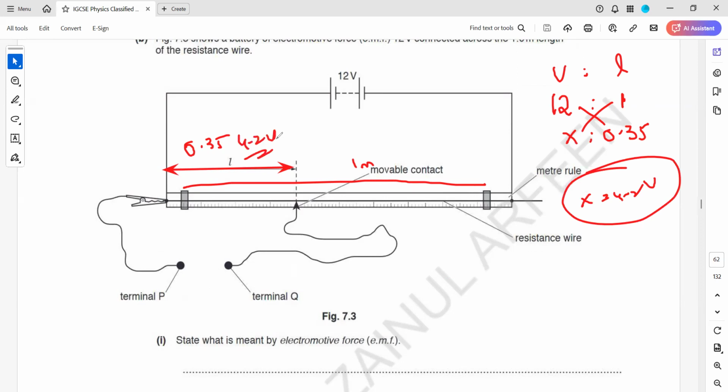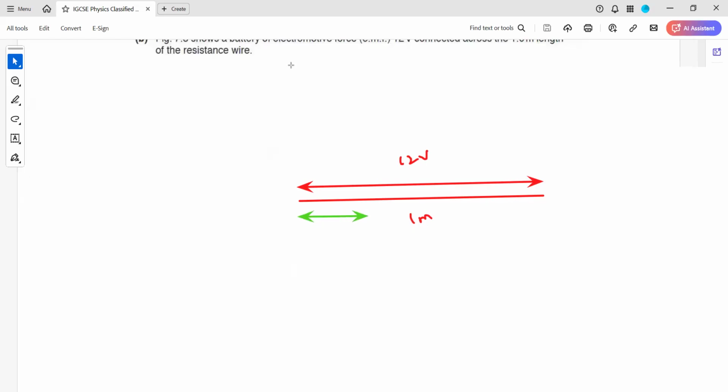Whenever we have a resistance wire, this wire has a total voltage of 12 and a length of 1 meter. Now the length is 0.35 meter. What is the voltage here?